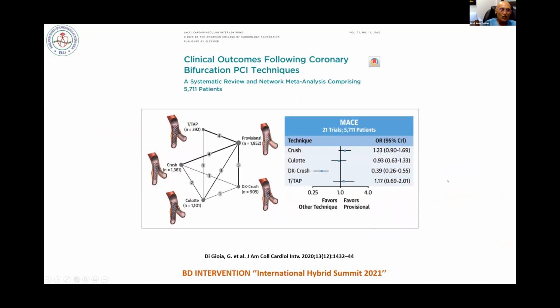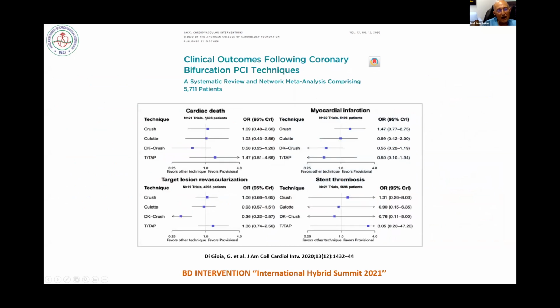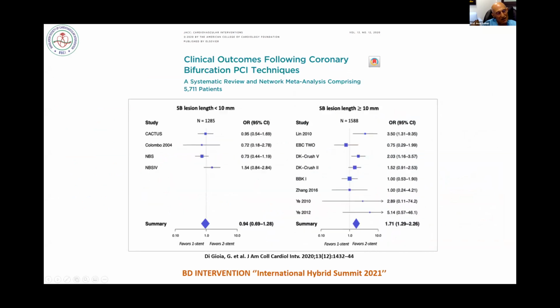And this is also coming from this huge meta-analysis, showing that there is some difference between the single technique used against provisional, and the only one is DK crush. But the most important thing is that this difference comes only for lesions with a side branch length of more than 10 millimeters.